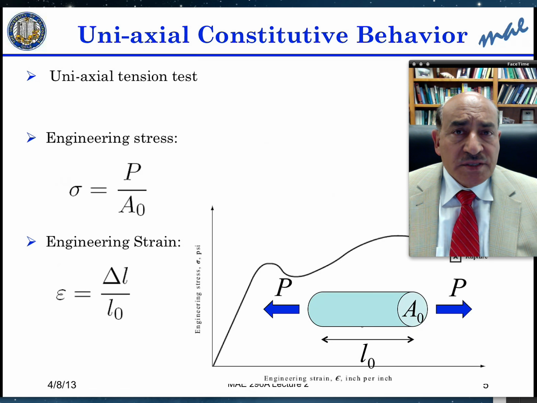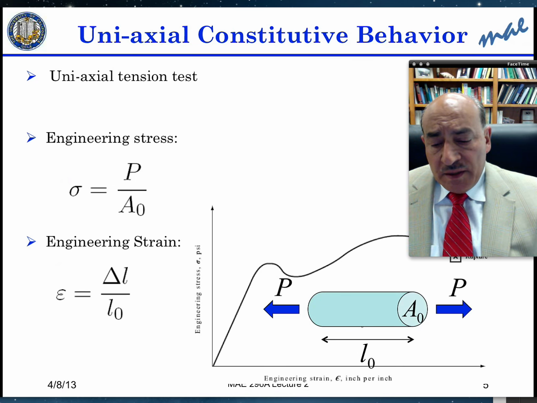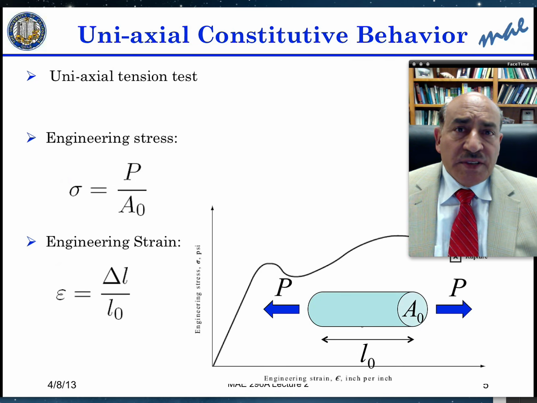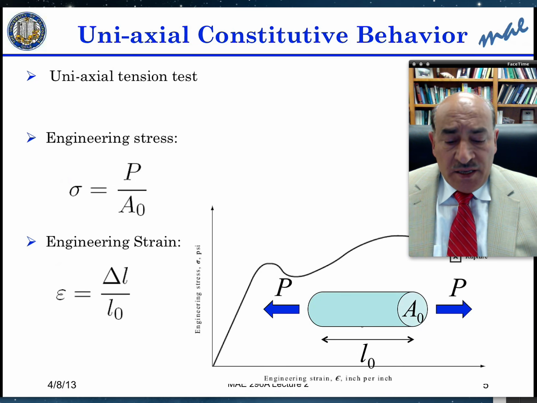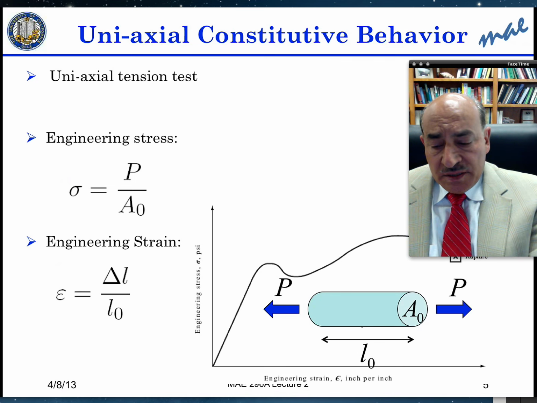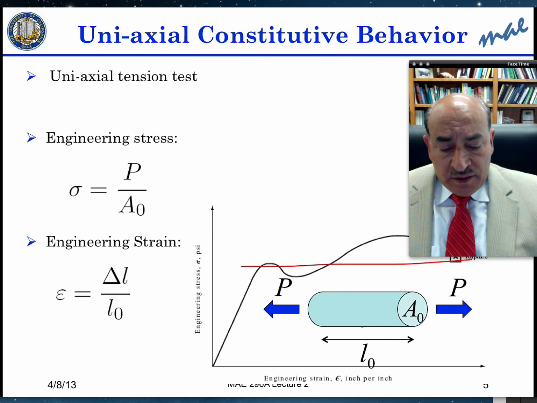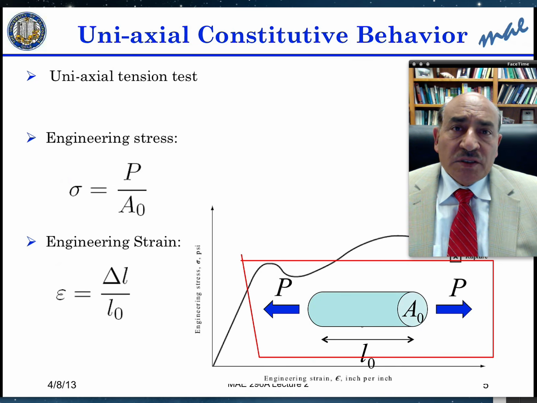I'm going to remind you of some of the earlier analysis that you've taken on relationships between forces, areas, stress, and strain. So let's take our standard bar under the application of an axial force.